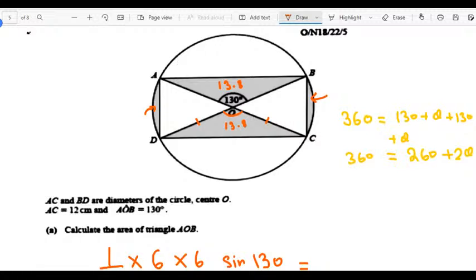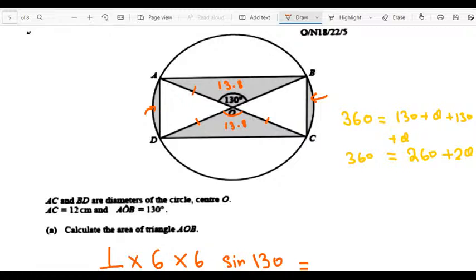Now we have calculated the area of the entire sector, okay? And the area of the entire sector was 15.7. What if I subtract the area of this triangle from this 15.7? I am going to get the area of the shaded part, right? So what is going to be the area of this triangle?